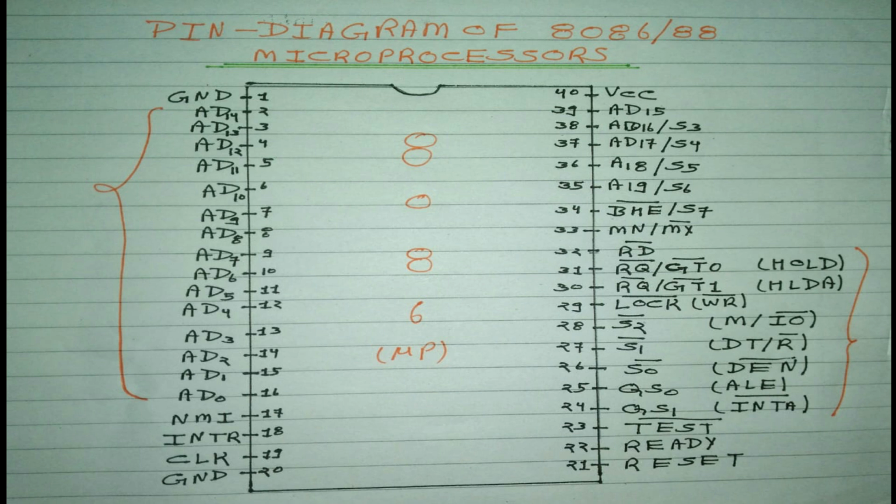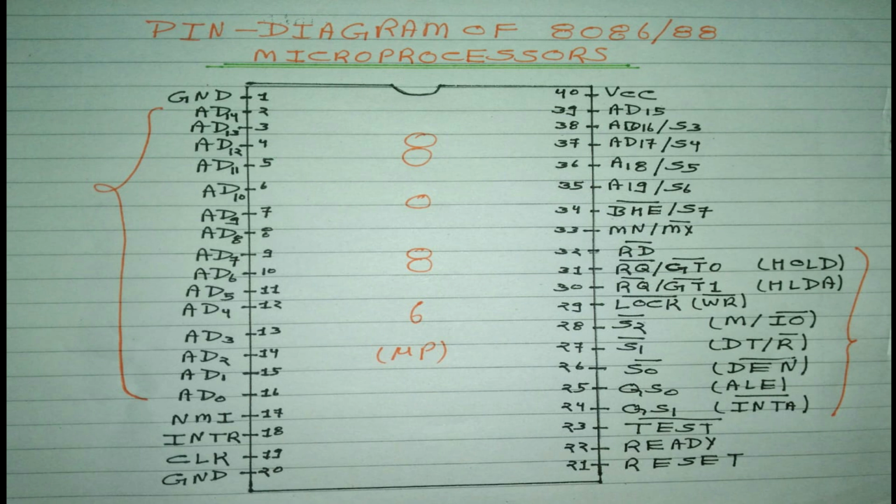The reset input makes the microprocessor reset itself if this pin is held high for a minimum of 4 clock periods. If the 8086 or 8088 microprocessor is reset, it begins executing instructions from the memory location FFFF0H and disables future interrupts by clearing the IF flag. IF flag stands for interrupt flag.